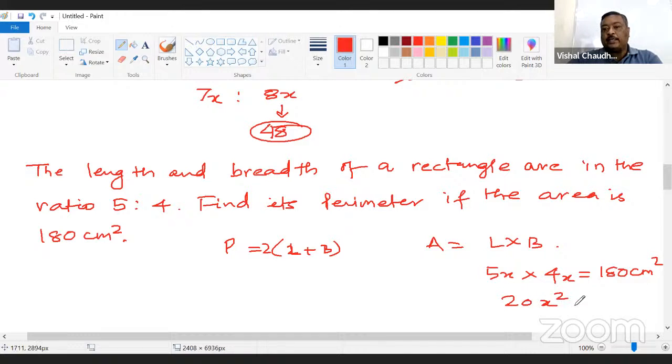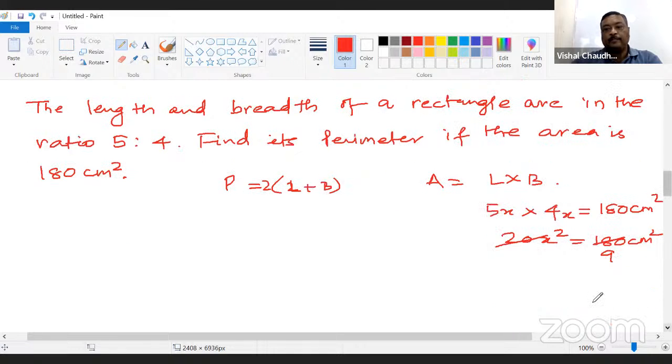So 20x square is equal to 180 centimeters square. So the value of x will be what? It will be 3. Value of x is 3.